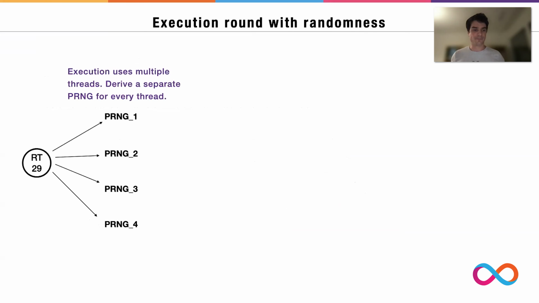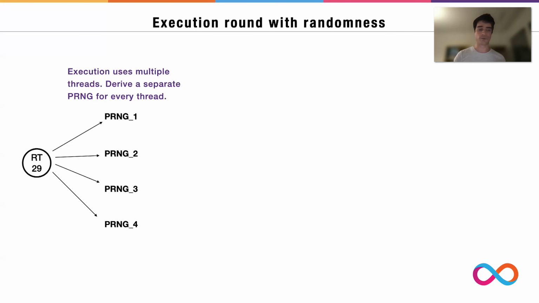You can do something very simple. I have to admit, I don't know by heart exactly how we do the derivation, but one simple solution would be to take this random tape as a seed, and now I create new seeds, derived different seeds from that. For example, I hash the random tape with the number 1, and that gives me the seed for pseudo-random number generator 1.